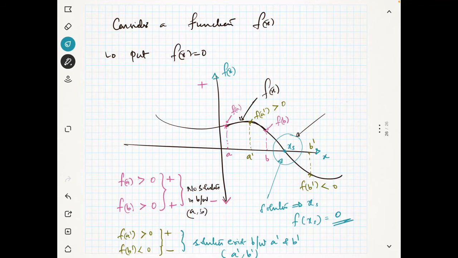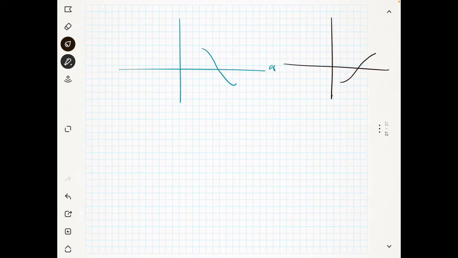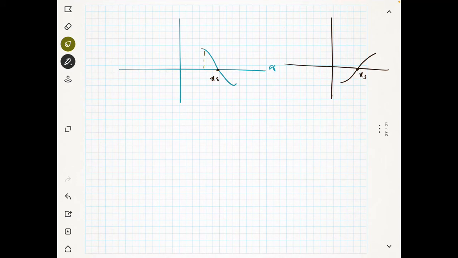Okay. So what I am saying is that if you have a graph like this, or if you have another graph like this, and this is the solution, your axis, and this is the solution, axis, and if you assume 2 points, let's say this is A and this is B, next you will get here f of A which is greater than 0, and this is f of B which is less than 0.